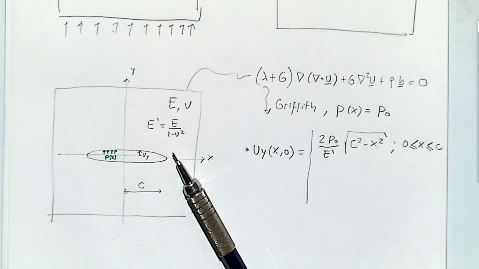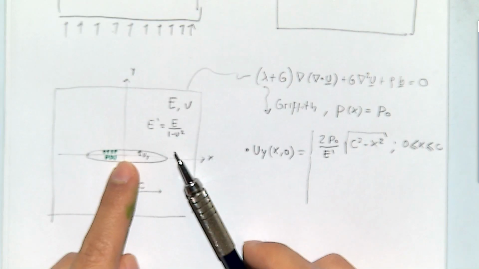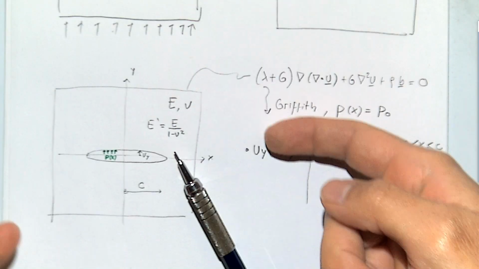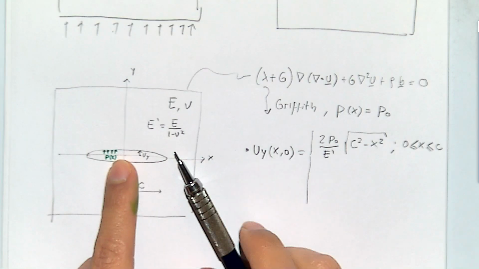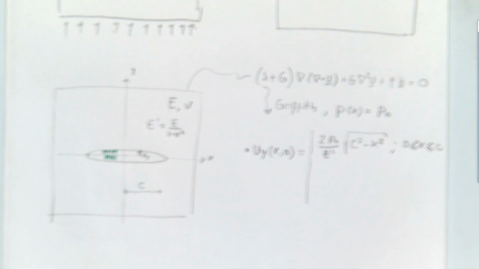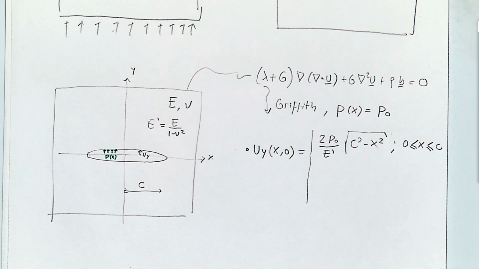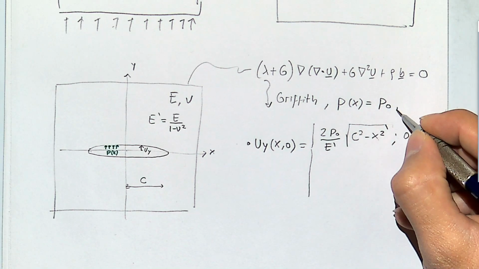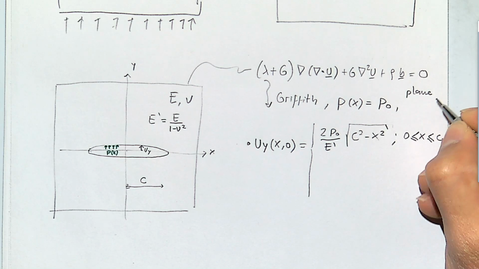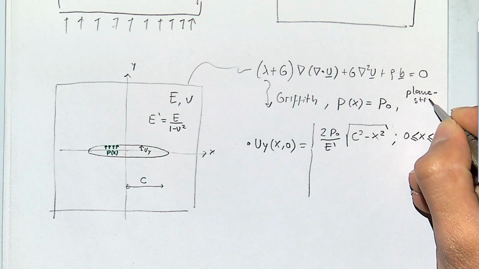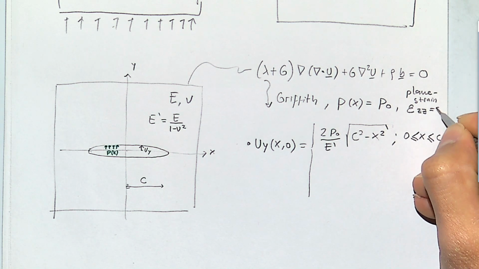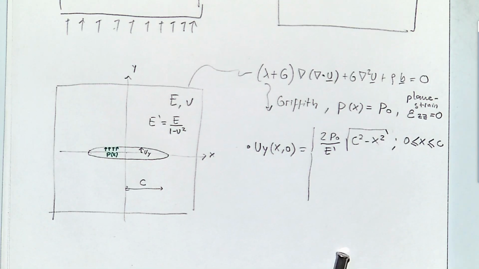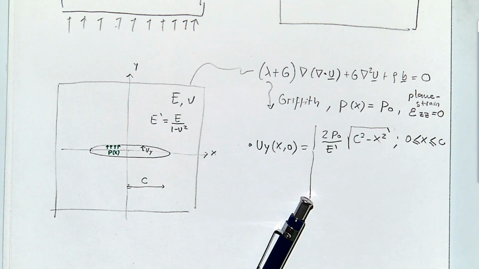Basically, what this accounts for is that you can have stresses in x and y, but it is assuming that there is no strain in direction z. So this is a plane strain solution, and it assumes that strains in direction z are equal to 0. What that means is that this is basically a fracture which is infinitely long in direction z.